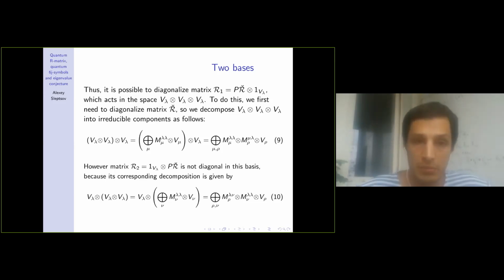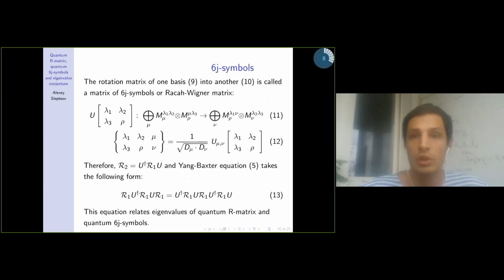Since the tensor product is associative, we have an isomorphism between these two decompositions. This isomorphism is given by a rotation matrix, which is known in the literature as the Racah-Wigner matrix or matrix of 6j-symbols. If we consider a quantum algebra and its representations, sometimes people call it quantum 6j-symbols.